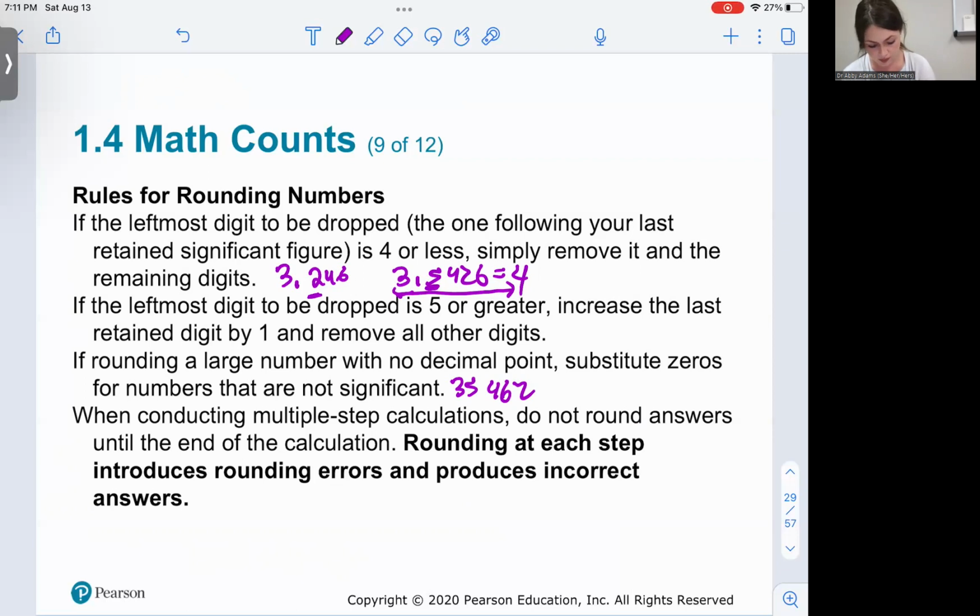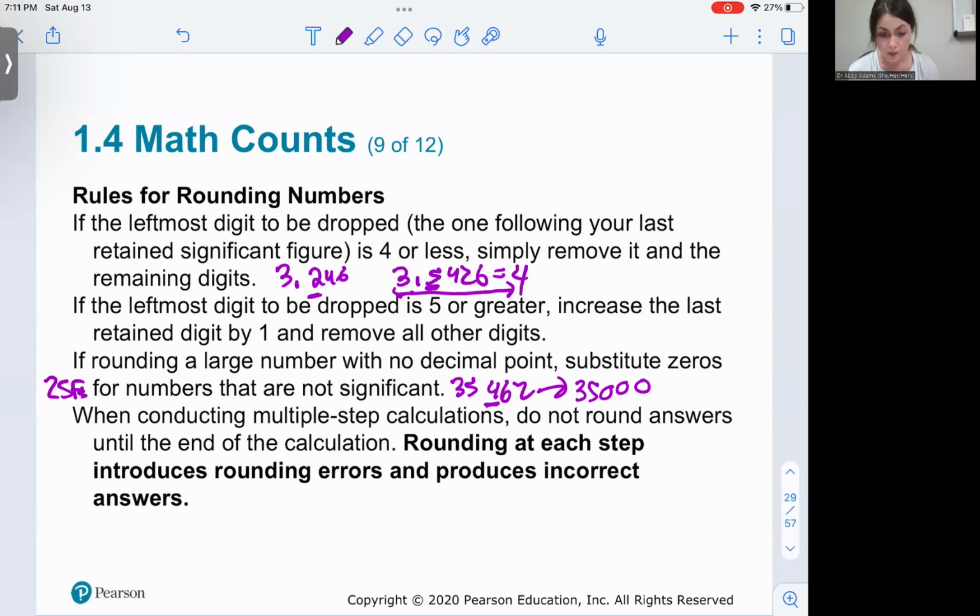If you're really only supposed to be giving 2 significant figures, because you determine by your problem that that's all the certainty you have, since there's only 2 significant figures in one of the measurements you're given, then you need to report this just as 35,000. See, because this is a 4, it's less than 5. And so you're just substituting zeros for numbers that are not significant. Okay.